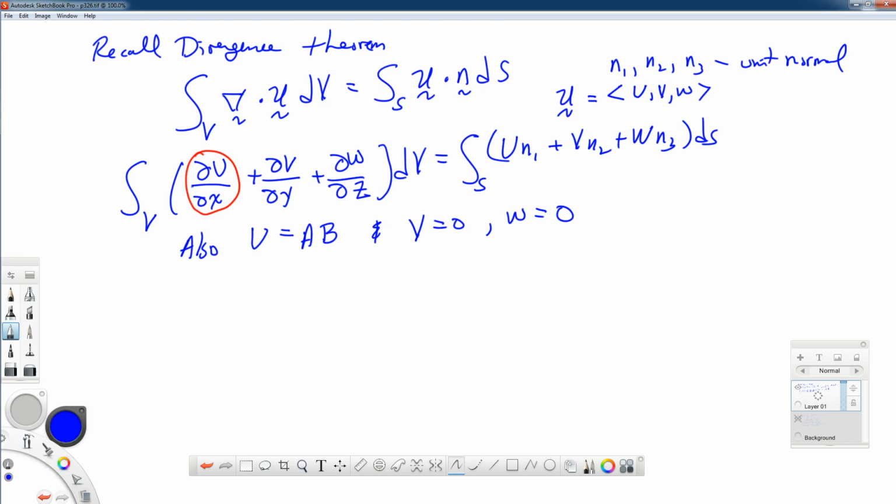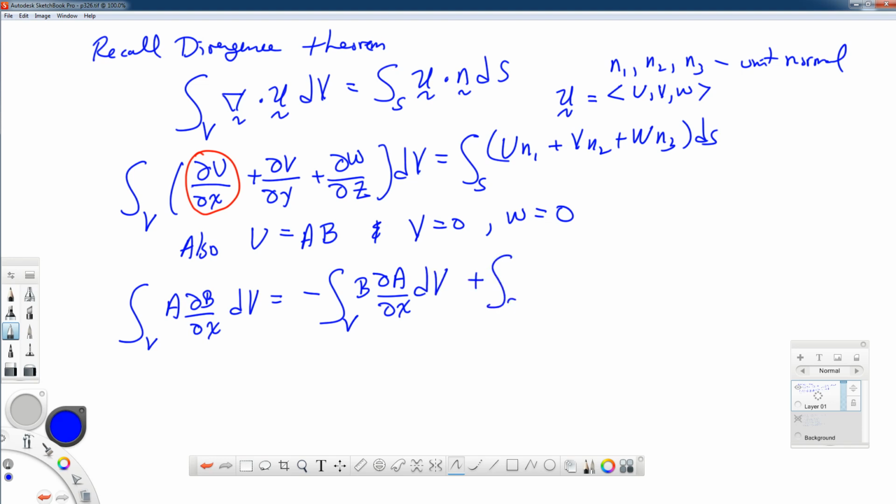Alright, so if that U can be broken down as the product of two functions, then the volume integral of A times the partial derivative of B with respect to x dV is equal to minus the volume integral of B times the partial derivative of A with respect to x dV, plus a surface integral of A times B times the n1 component of the unit vector dS.